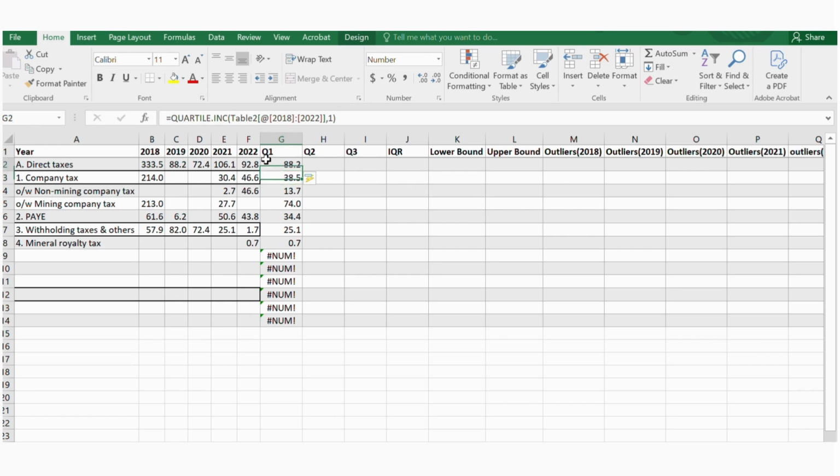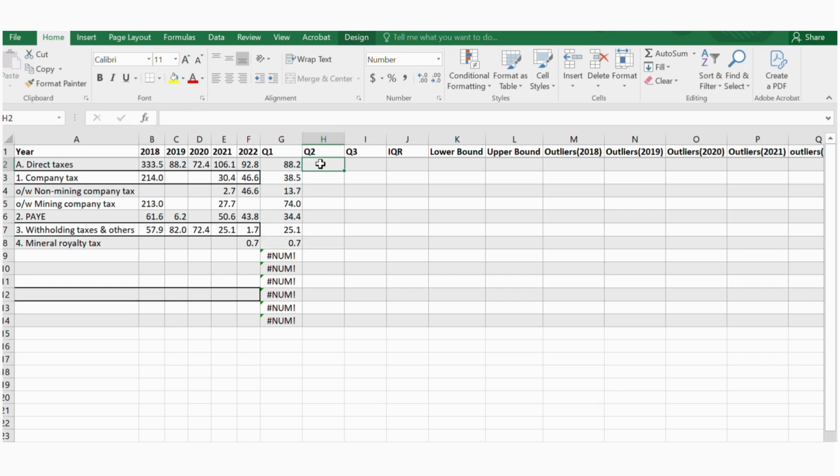The formula has been dragged to all these other taxes, but pertaining to their ranges, the years they're looking at, which is 2018 to 2022. So company tax has a quartile 1 of that. Mineral royalty tax has a quartile 1 of that.